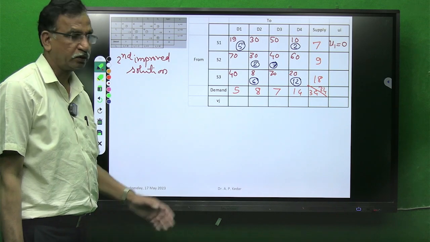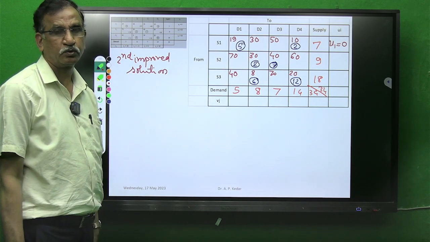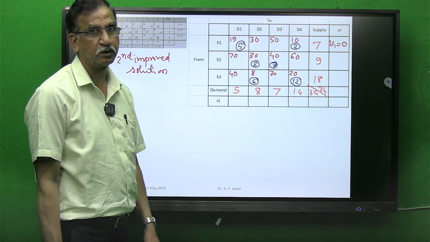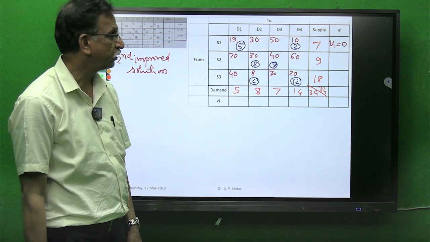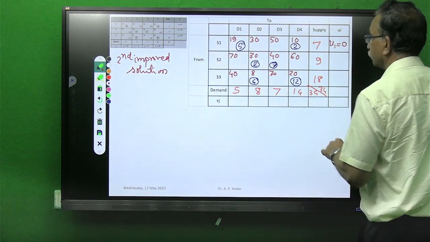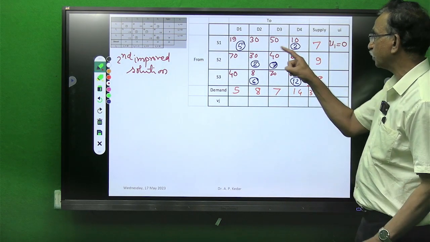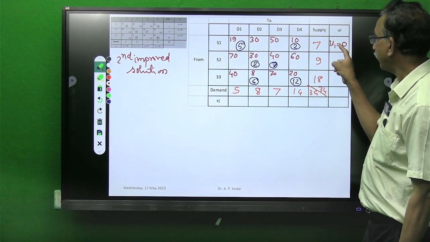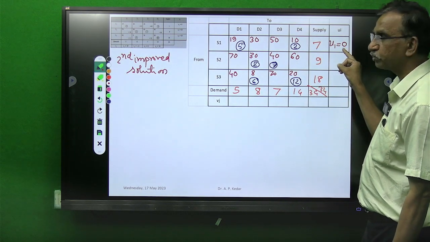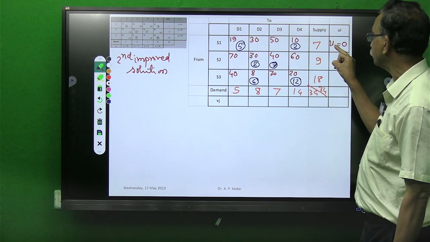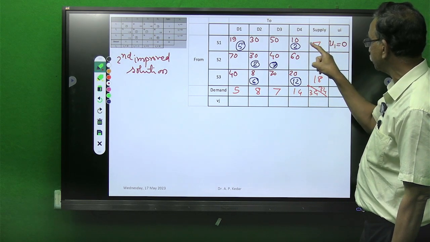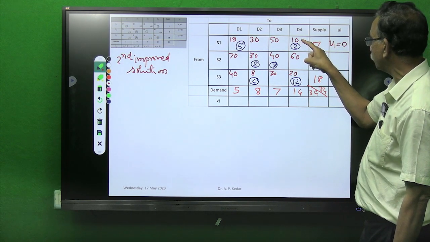If you are not remembering, you can go back to the presentation, to the lecture, and find the steps to discuss. So how have we calculated these values? For an occupied cell, cost is equal to ui plus vj. So you have to start from this. I have assumed u1 equal to 0. So to get this allocation, this is the cost.